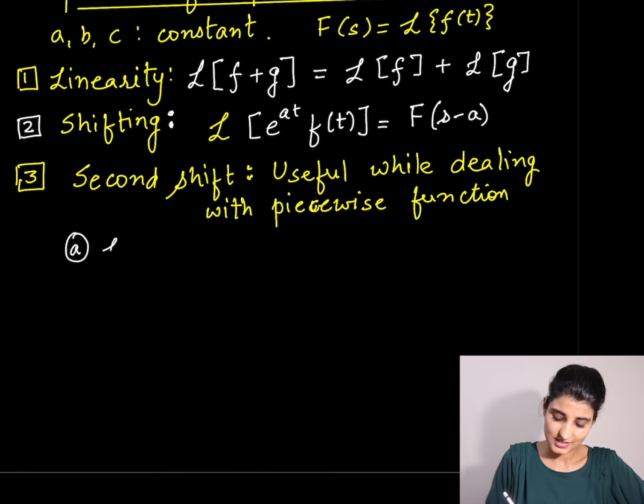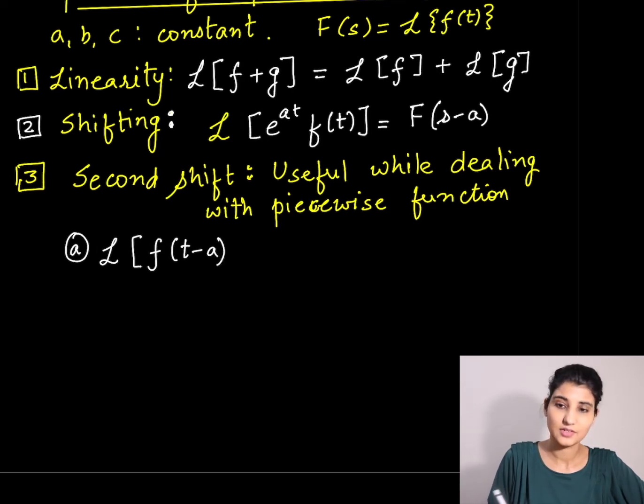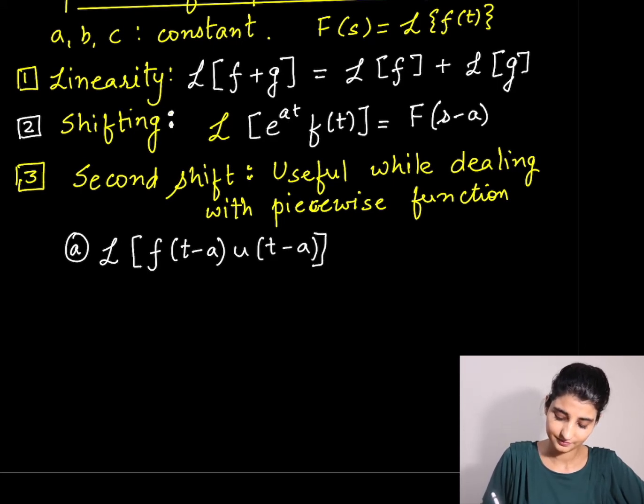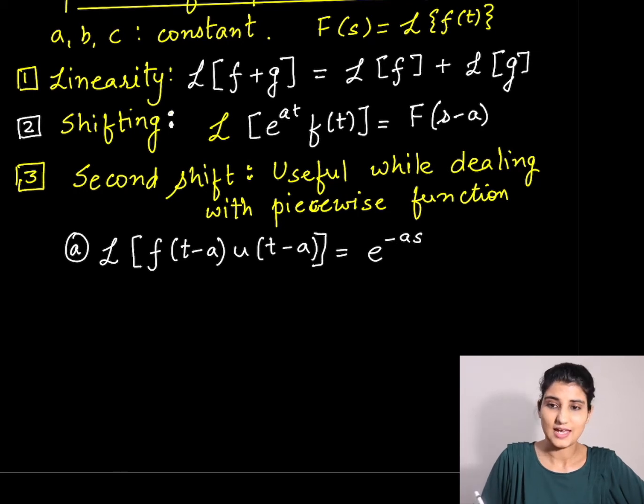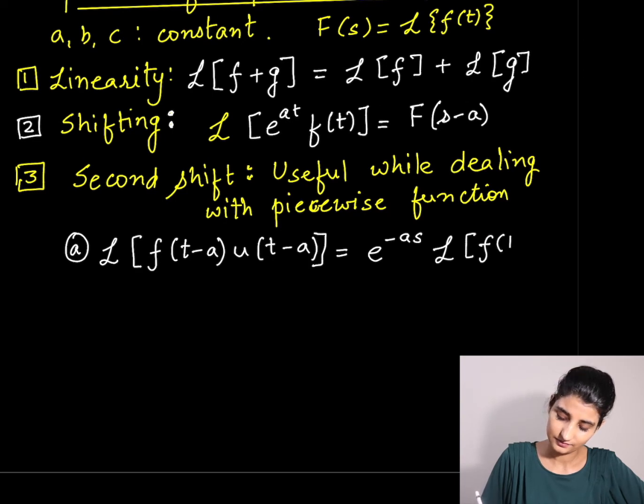And this property says Laplace of f(t minus a) times Heaviside function of t minus a, so we are using the Heaviside function over here, is equal to e power negative as times Laplace of f(t).